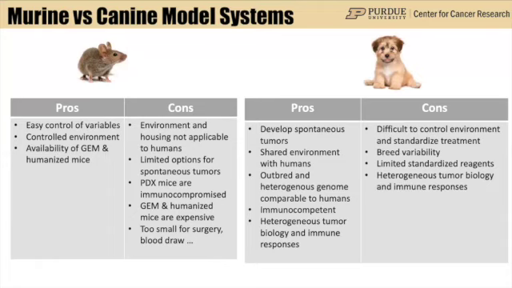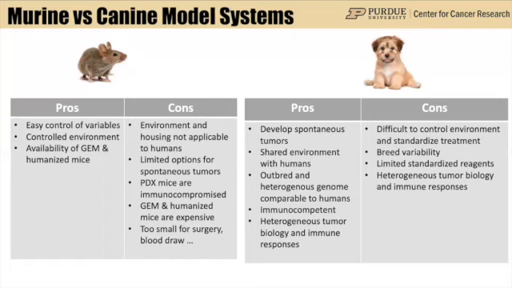There are also very limited options for spontaneous tumors. As a result, for example in patient-derived xenograft mice, PDX mice, they have to be immune compromised, so there's no ability to see how the immune cells interact with the tumor within the tumor microenvironment.